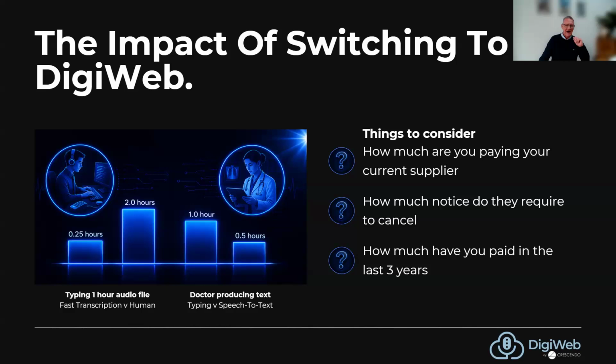Again, this is a highly conservative estimate, and in most cases, users can be much quicker. Utilizing fast transcription for only 2 hours of audio can save you 1.5 hours, while speech recognition enables a doctor to work at least 50% quicker than traditional typing.